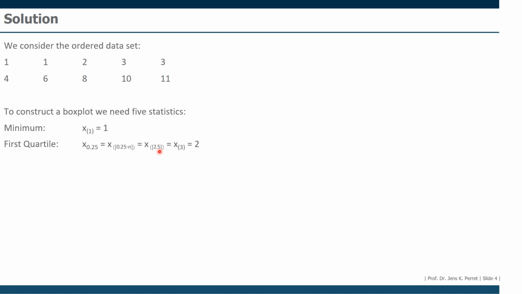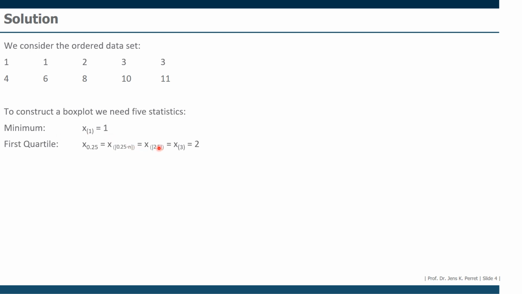Here I have to check: is this an integer or not an integer? If this is an integer, I would have to use a slightly different approach, but since this is not an integer, those half brackets, which I see on the left and the right of the number, come into play, and they mean I'm going to round up. So I'm going to find the next integer.